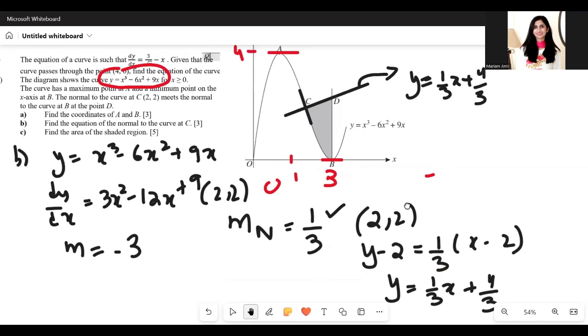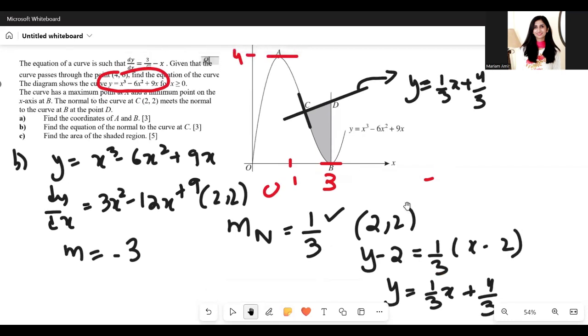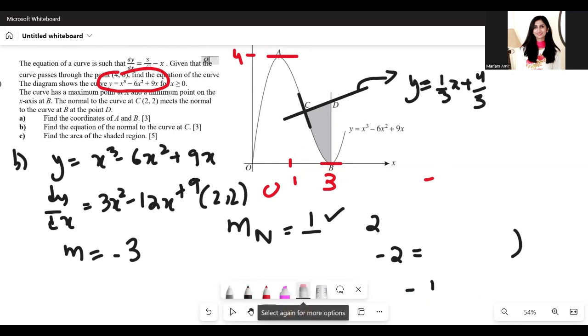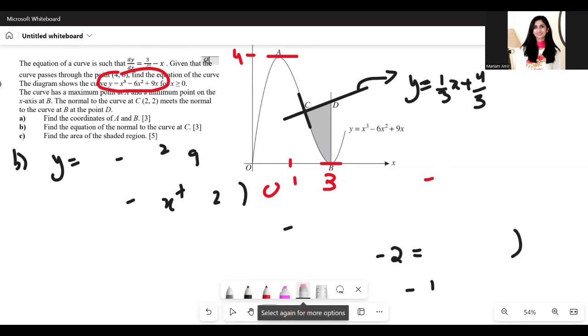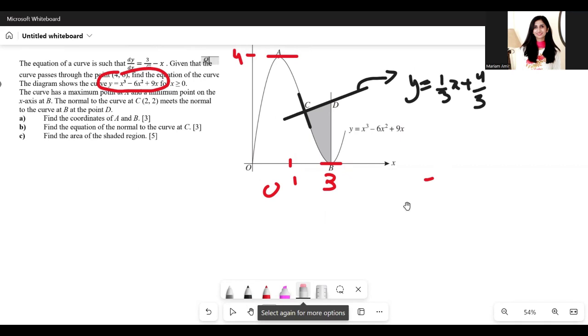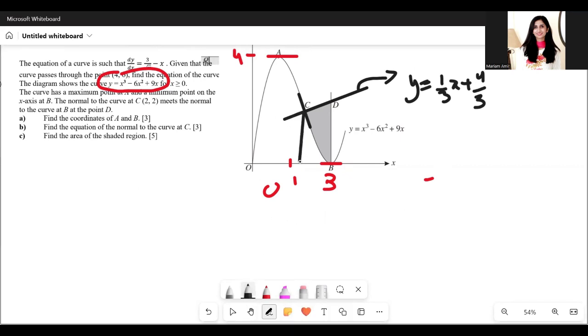All right, next part is find the area of the shaded region. Okay, so the area of the shaded region, this would be a trapezium. So find the area of this full trapezium, and then from this trapezium, subtract the unshaded area.